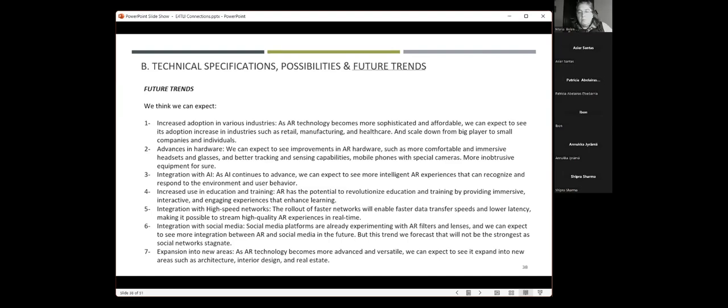Increased use in education and training, of course, more and more is expected. Integration with high-speed networks. This will be transparent because it's what is expected. Integration with social media.